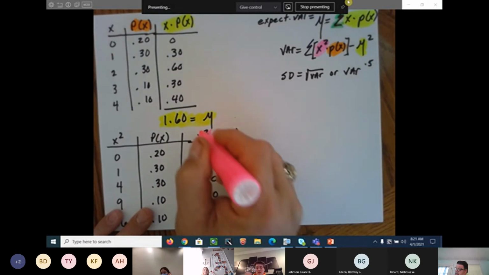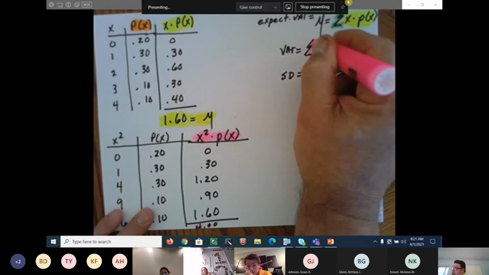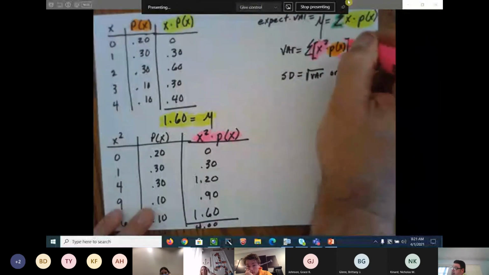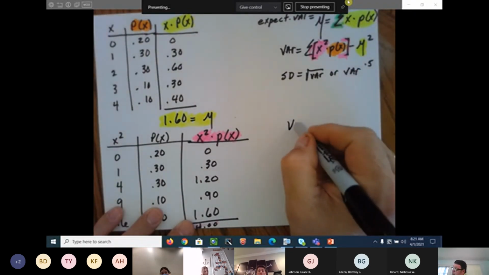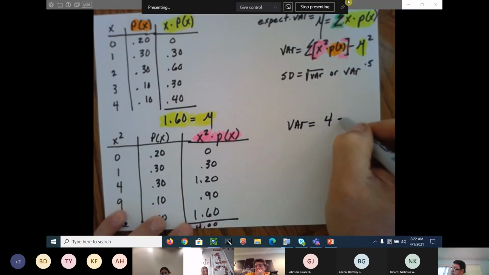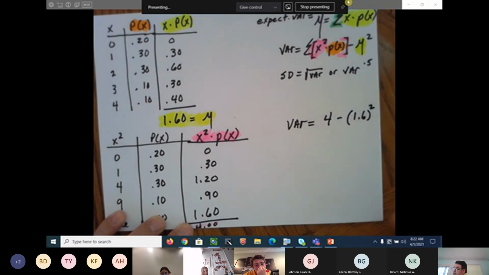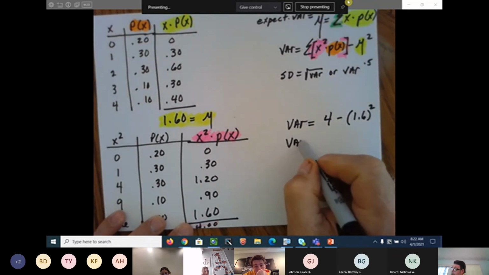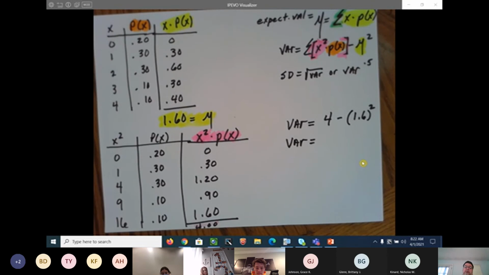So that is X squared times P of X, which is right here. So the variance is going to equal 4 minus 1.6 squared. And I'm not going to sit here and tell you I can do 1.6 squared in my head.